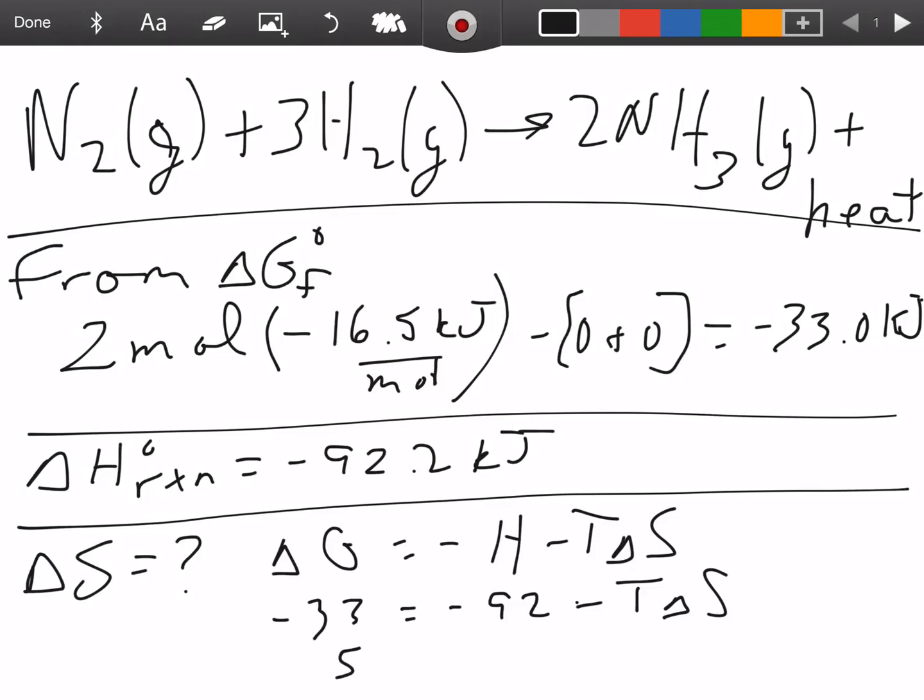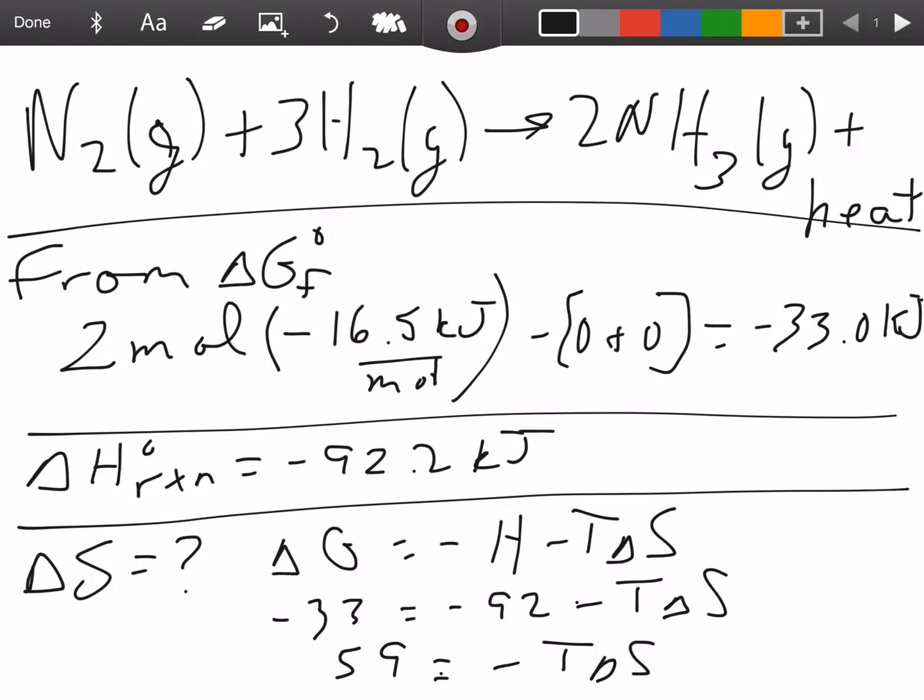That'll give me 59 is equal to minus T delta S, or negative 59 equals T delta S. T is always positive, and so if that's the case, delta S must be negative in this particular problem.